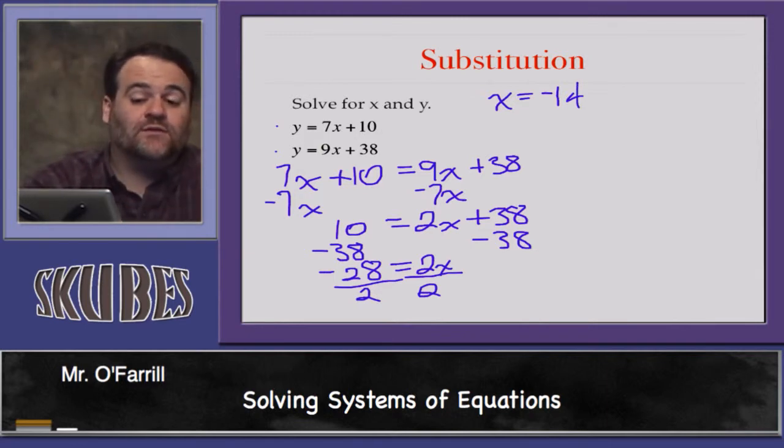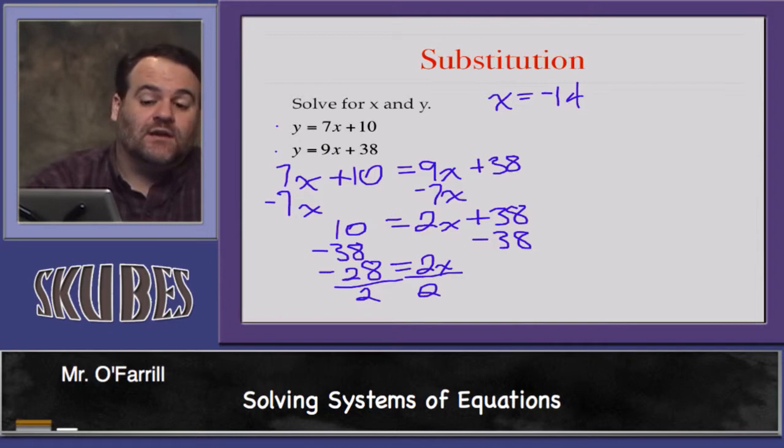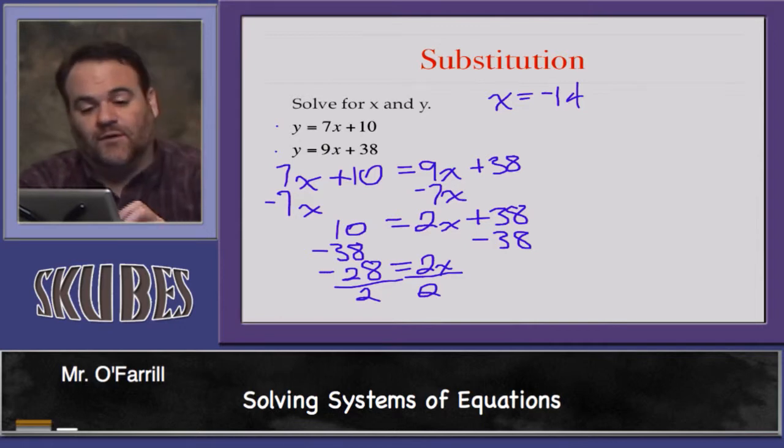So we have half of an ordered pair now. We know the x, but we still don't know the y. At this point, we can just plug negative 14 into one of these equations to get an answer. Let's do the top one.